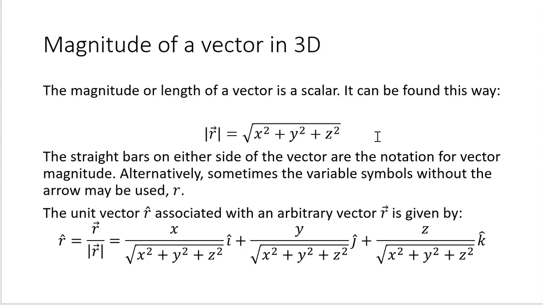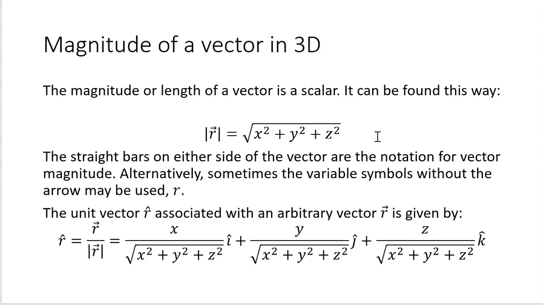Speaking about the notation, if you're trying to discuss or find the length of the vector, you write your position vector, in this case r, and then you write the little absolute value signs on the outside of the vector, and that indicates that you're taking the magnitude, and it's understood that this is a scalar, okay? Alternatively, sometimes we'll drop the absolute value and the arrow and just write the variable name by itself with no arrow over the top, and that could also mean the length or magnitude of your vector r.